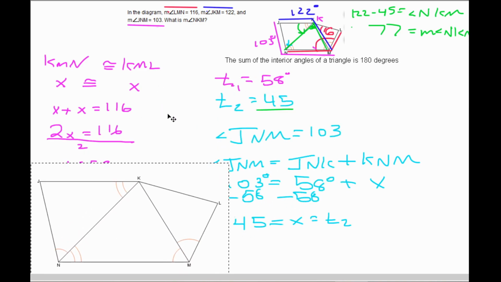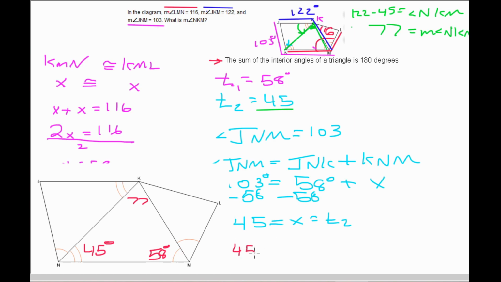I know that one tick mark has a value of 58, two tick marks is 45 degrees, and my conclusion was that this should be 77 degrees. To check that, I can go back to this fact right here: the sum of the interior angles of a triangle is 180.